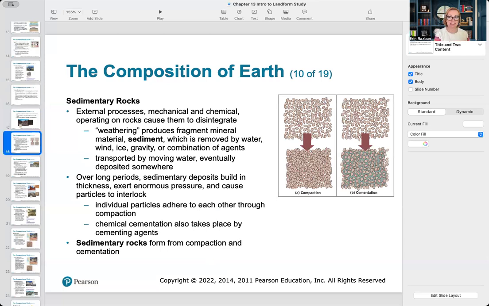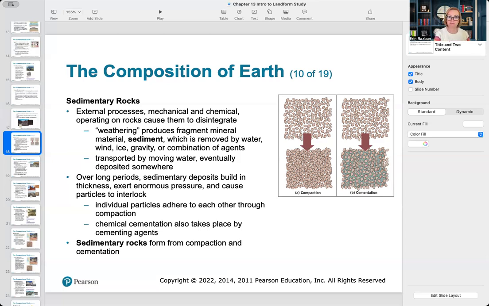Okay, next up is sedimentary rock, and this I believe is the easiest to identify. Sedimentary rock forms through the accumulation and lithification of sediment. Sediment being small particles of rock debris or organic material deposited by water, wind, or ice.